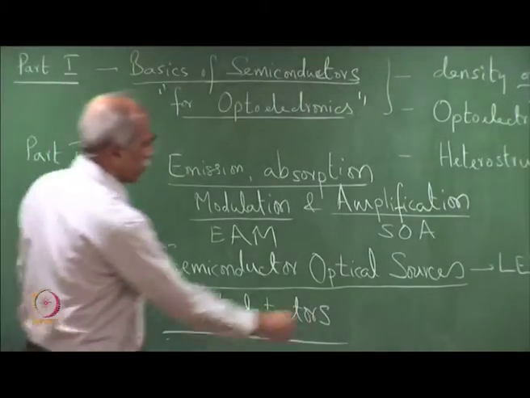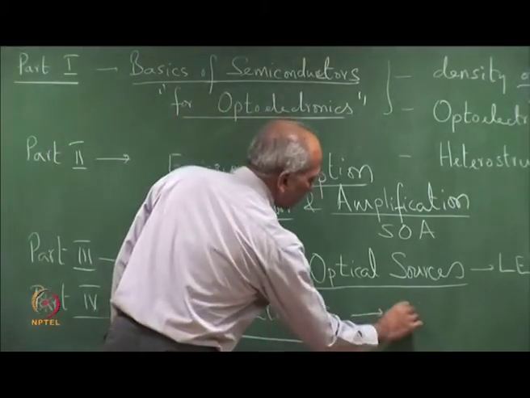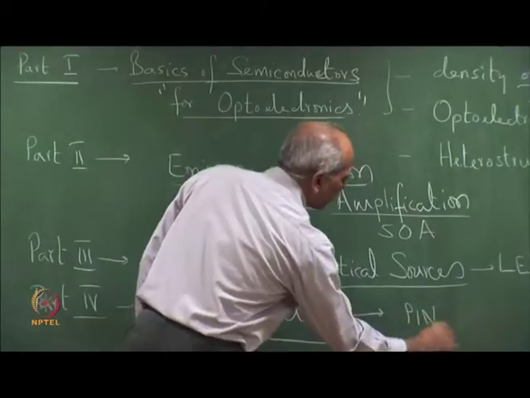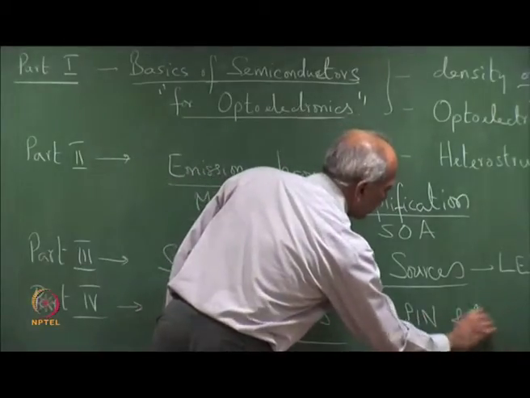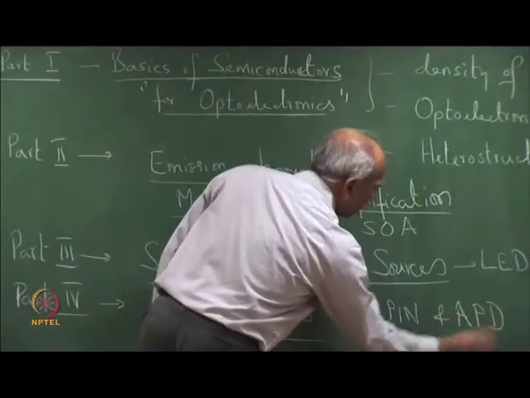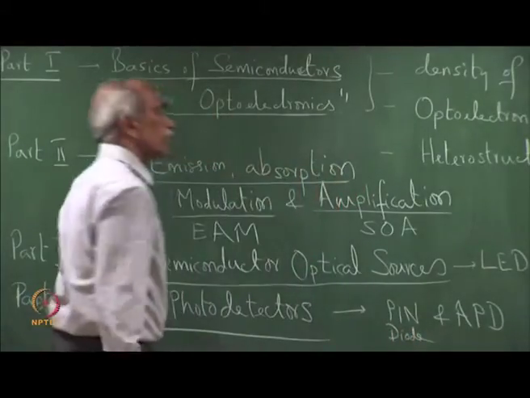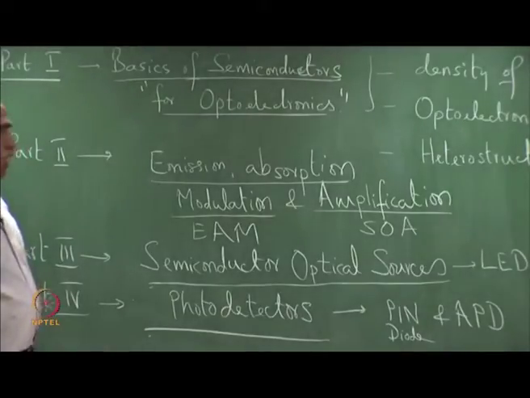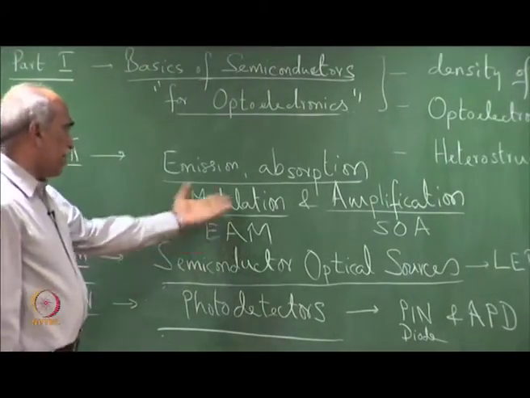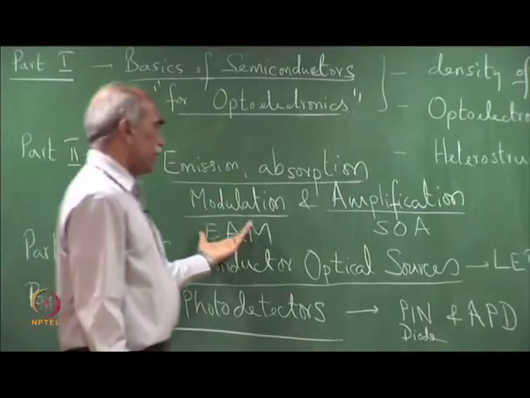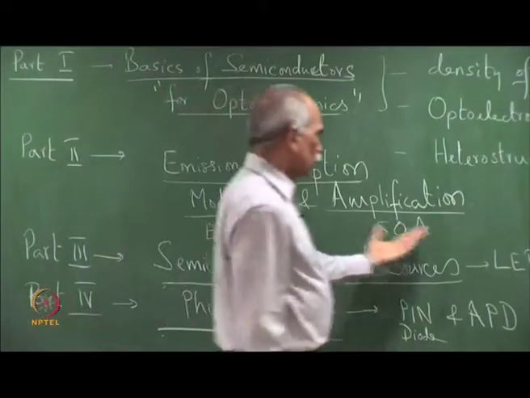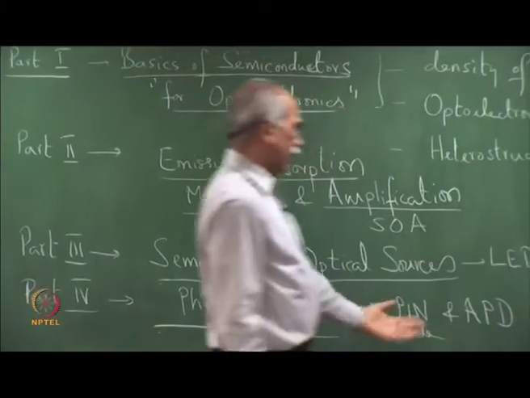Here we have discussed, of course, the PIN diode and APD, and other detectors. So, if I may list them: the modulator, the amplifier, the source, and photodetectors.